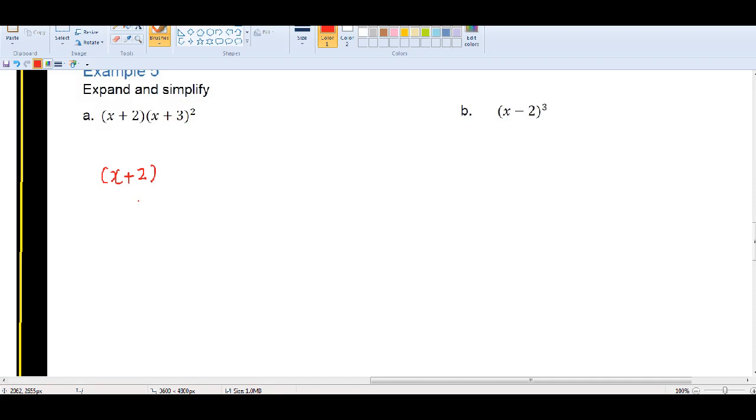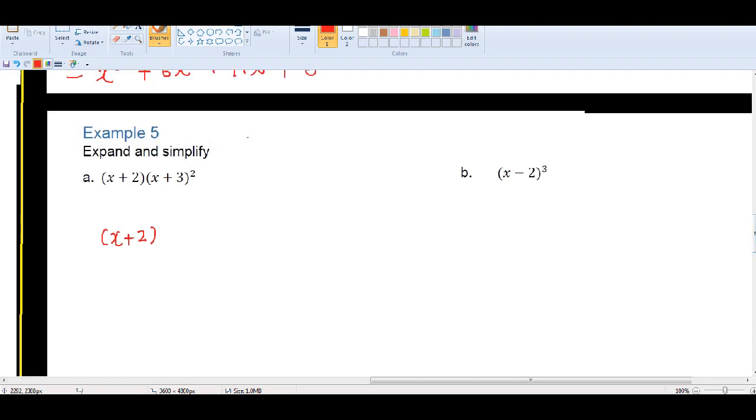But if you remember one identity, a plus b squared, how could we get this one? We don't use FOIL for this one if it's squared, because there's a very useful identity, or what we call a formula, for this: a squared plus 2ab plus b squared. So the square of the first term, the square of the last term, plus 2ab.